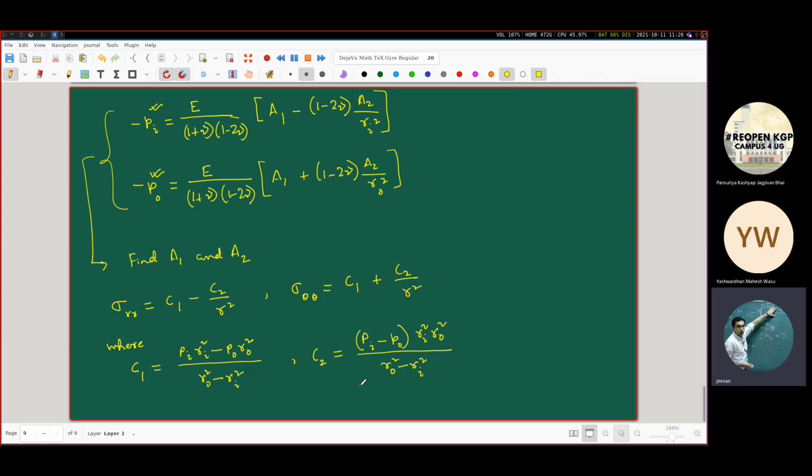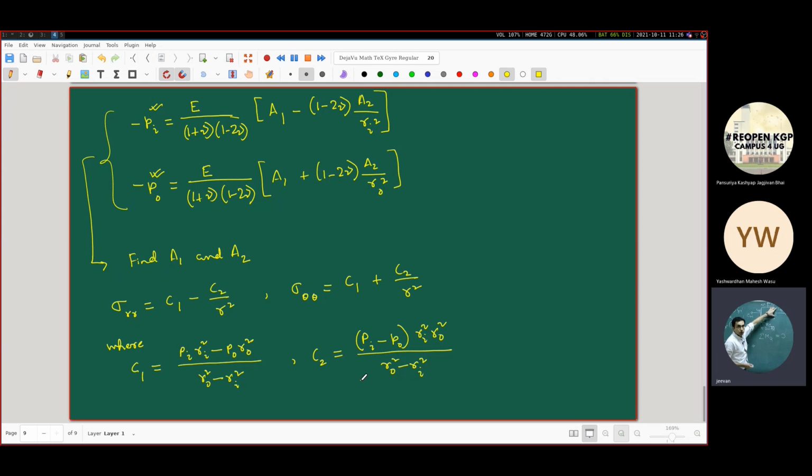So you will see that it is very much possible to reduce the expressions of the thick walled pressure vessel, the sigma rr and the sigma theta theta, to the expressions that you had studied in the context of the thin walled pressure vessel.